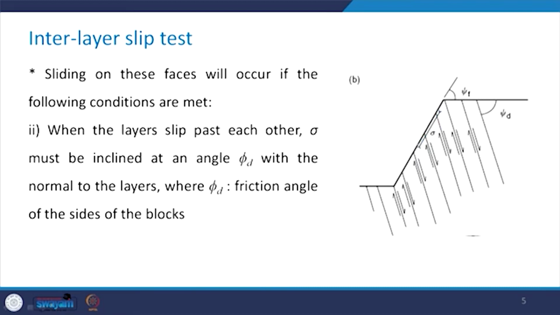Now, sliding on these faces will occur if the earlier condition is met, along with this condition also, that when the layers slip past each other, sigma must be inclined at an angle phi d with the normal to the layers. So, these are the layers, where phi d is the friction angle of the sides of the blocks.